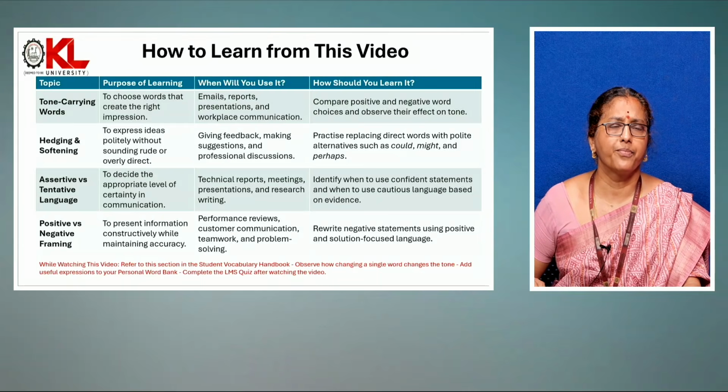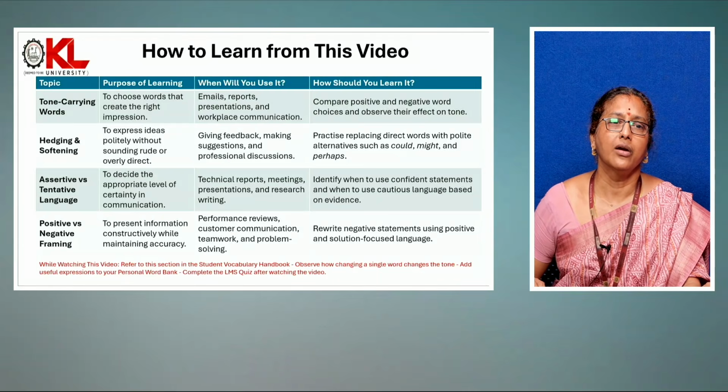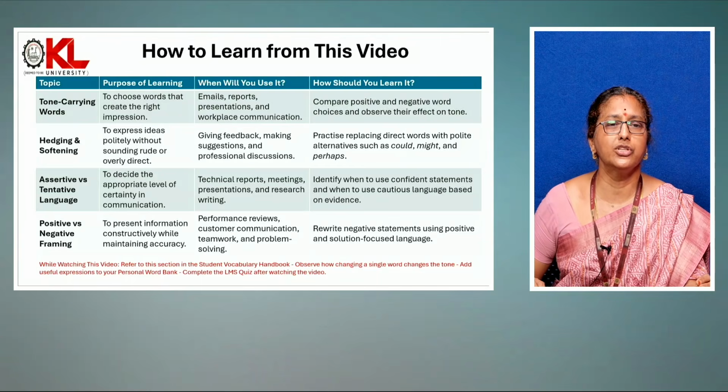Of course, certain things we do want to convey, but then shouting at the face or talking in a way that the other person gets hurt is not proper manners. So, we need to talk politely without sounding rude or overly direct.